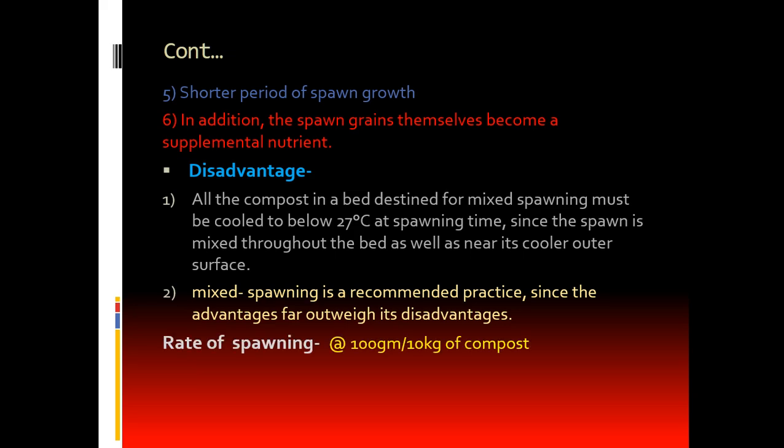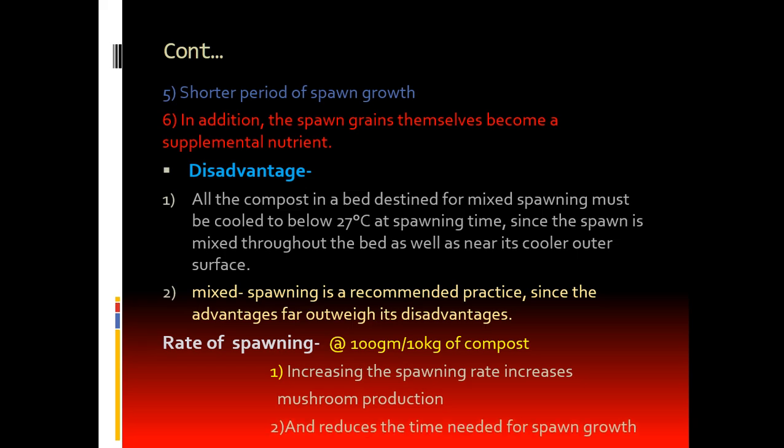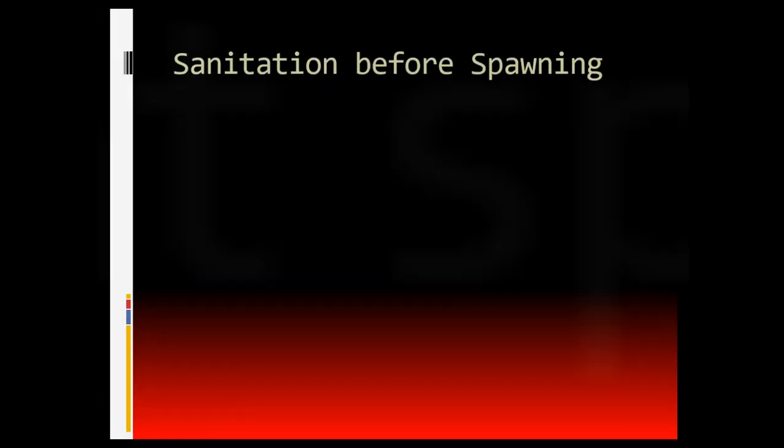The rate of spawning is 100 gram per 10 kg of compost. We have learned about this. Increasing the spawning rate increases the mushroom production and reduces the time needed for spawn growth. This is also an advantage of the mixed method.